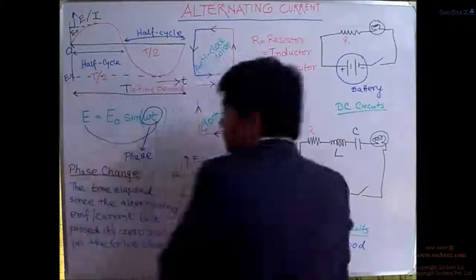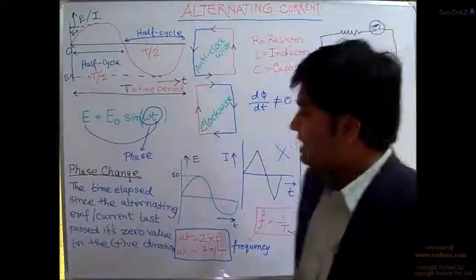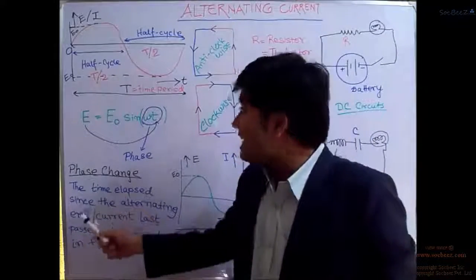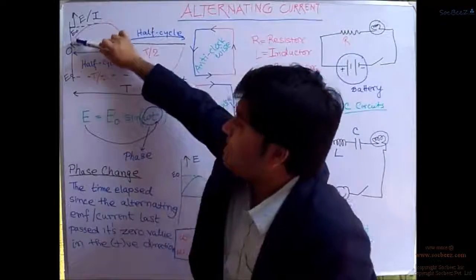So we can define the phase change as the time elapsed since this alternating current is now over here at any point.